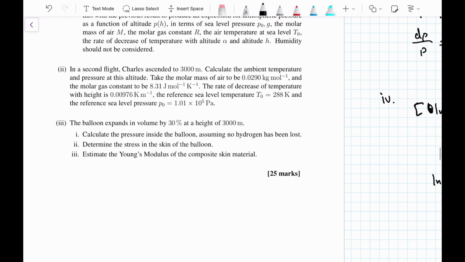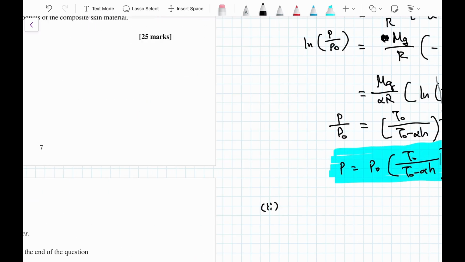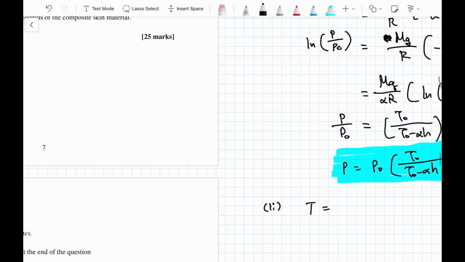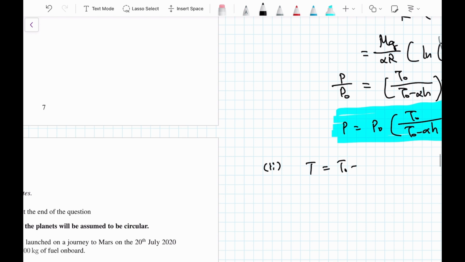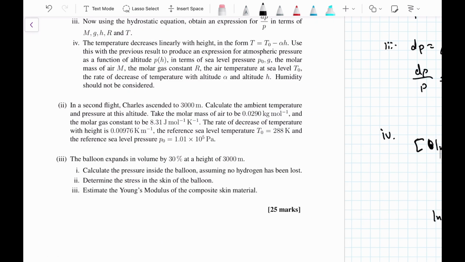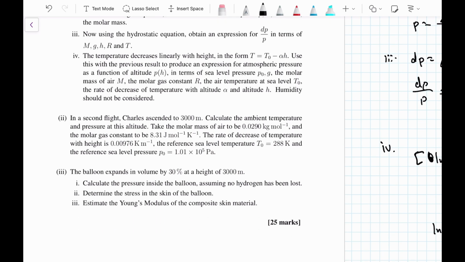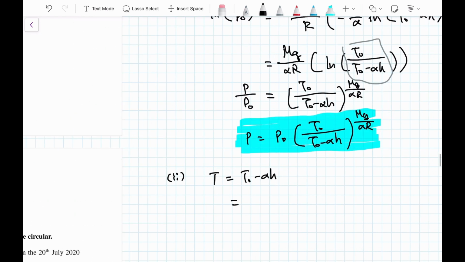So, let's first calculate the ambient temperature. Given in the question previously, T is equal to T0 minus alpha h. Now that should be a simple calculation. It's given that T0 is 288. So that should be 288 minus alpha.